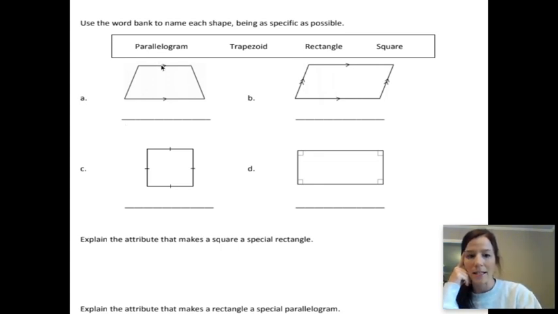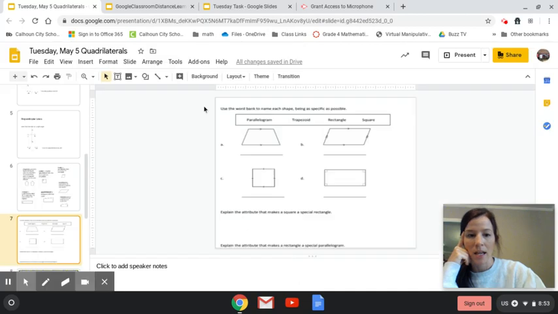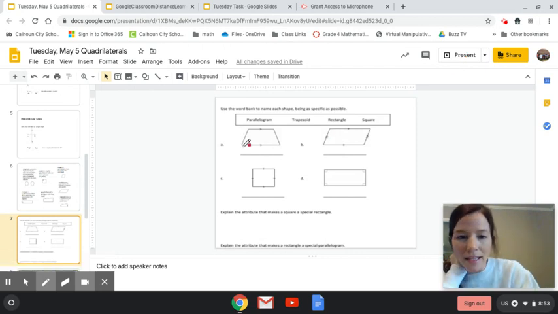I see that this has one set of parallel lines. Do you see that? That means, now I have to get my tool. I'm going to get my pen. That means that this is considered a trapezoid. I'm going to put T because I can't type that well.